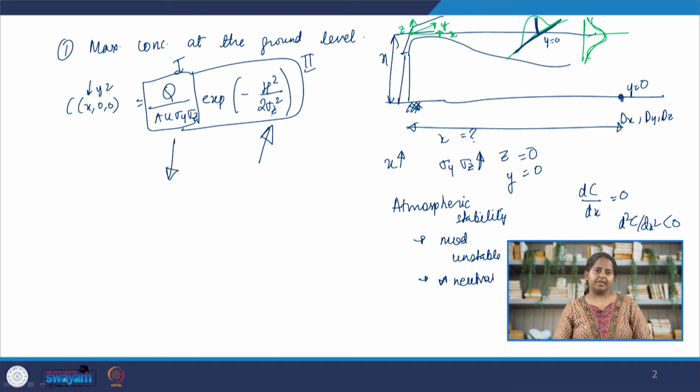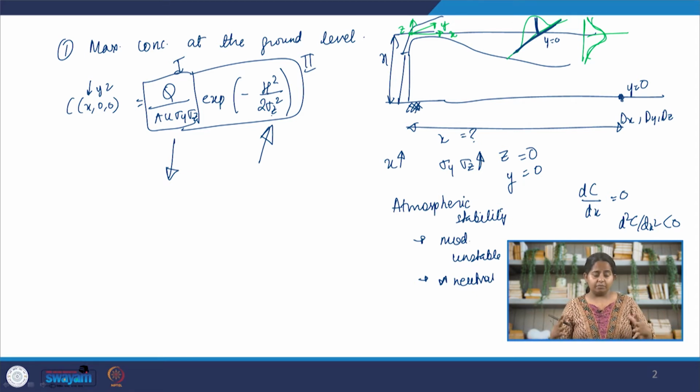Now, what is moderately unstable and nearly neutral talking about? In one of the previous lectures on Gaussian Plume Model, I talked about dry adiabatic lapse rate, wet adiabatic lapse rate and environmental lapse rate. Environmental lapse rate is the rate at which the temperature of the atmosphere changes with height. Adiabatic lapse rate is the rate at which the temperature of the parcel of smoke that has been emitted changes with height, and that parcel of smoke is undergoing adiabatic expansion.